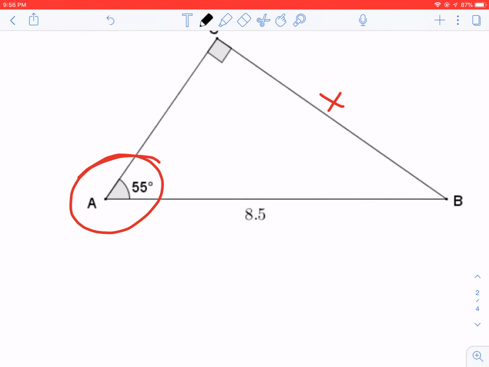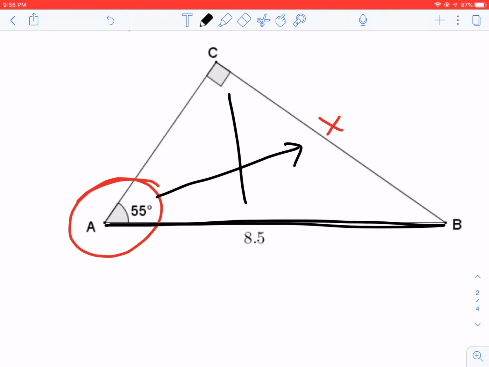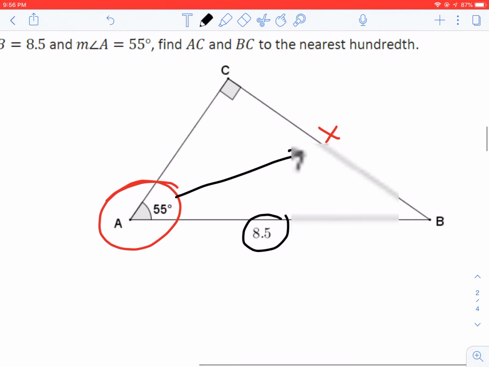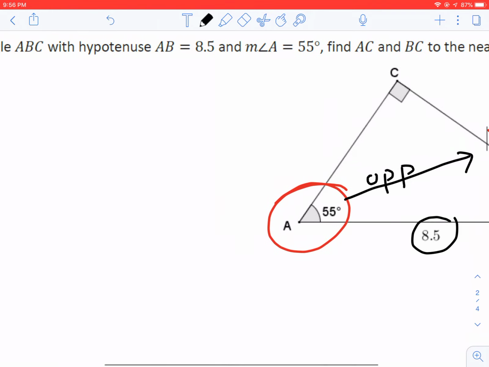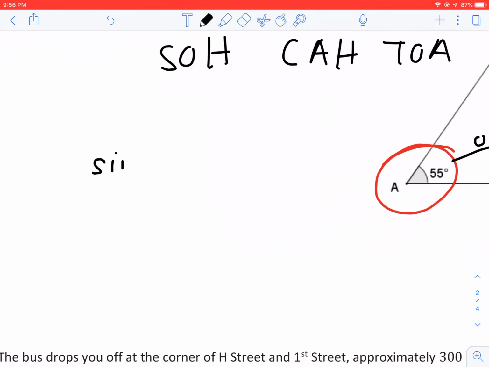I have the opposite side, and this is not the adjacent side, but that's the hypotenuse. I have the hypotenuse across from the right angle. So let's think which trig function involves the opposite and the hypotenuse. Opposite and hypotenuse is going to be sine. So I'm going to use my sine trig function.